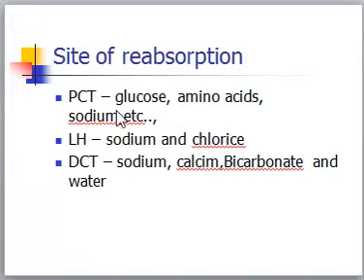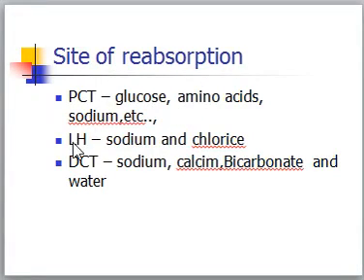The substances reabsorbed from the proximal convoluted tubule are glucose, amino acids, sodium, potassium, calcium, bicarbonates, chlorides, phosphates, urea, uric acid, and finally water also.